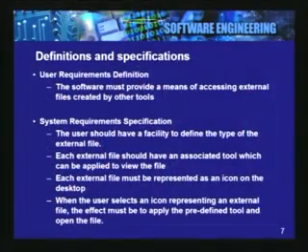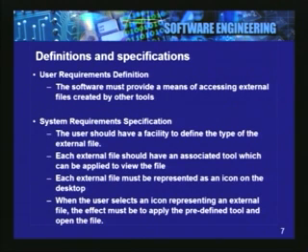And this is typically the basis on which the contract is signed between the client and the software developer, the system requirements. Now, another axis along which this can be differentiated is something called a functional and a non-functional requirement specification, as we shall see shortly during this lecture.